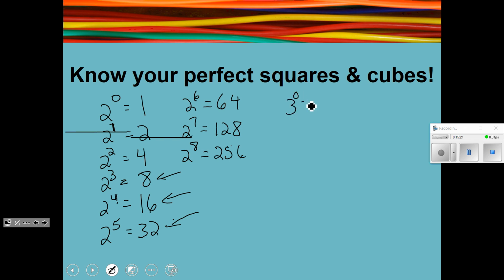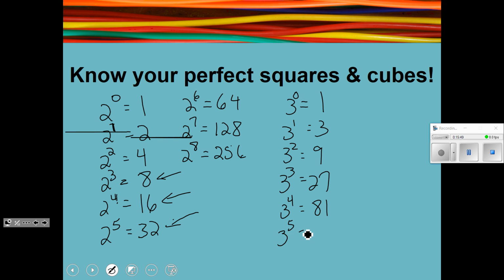So 3 to the 0 is equal to, anything to the 0? 1. Okay. 3 to the first is 3. 3 to the second is 9. 3 to the third is 27. 3 to the fourth is 81. 3 to the fifth is 243.